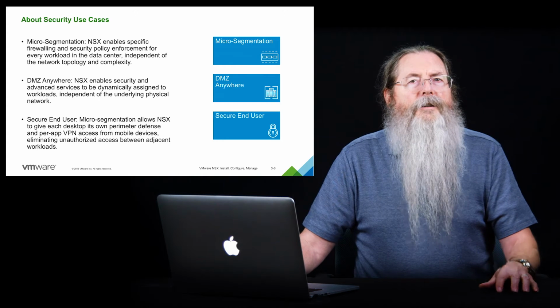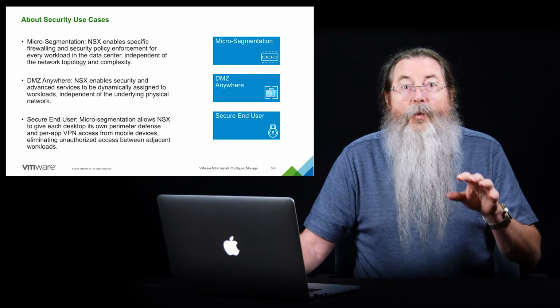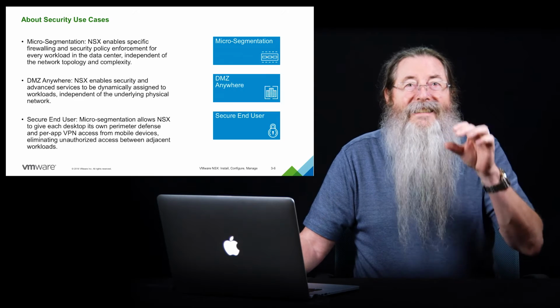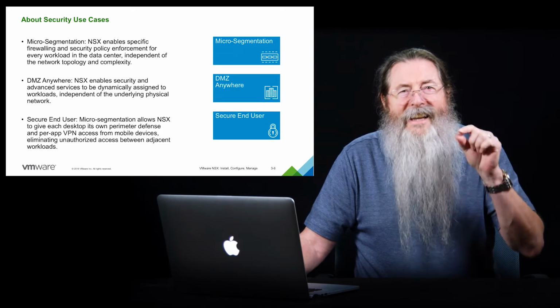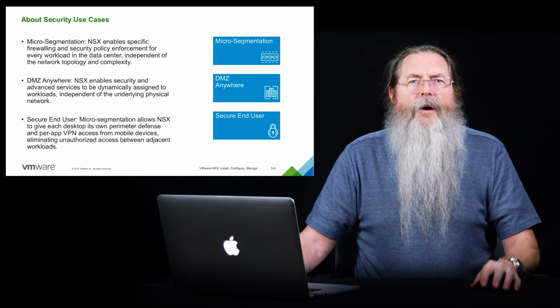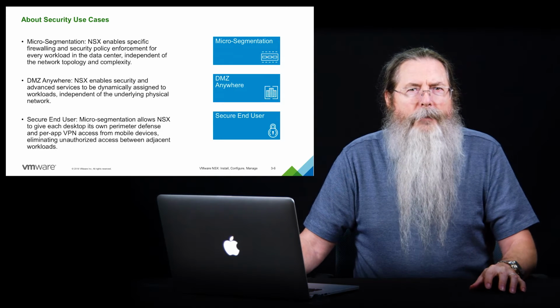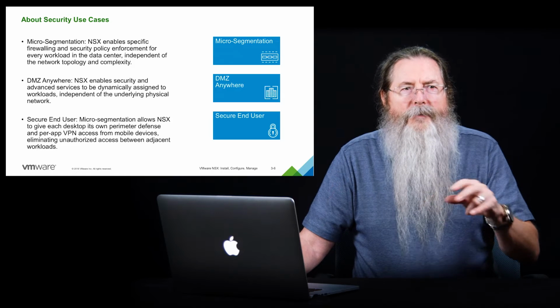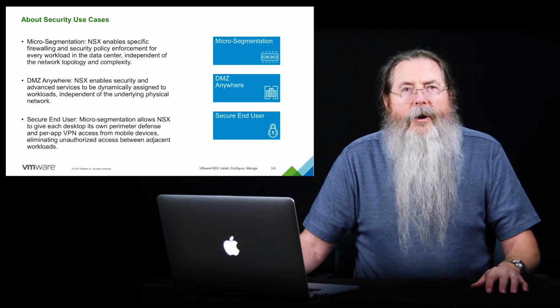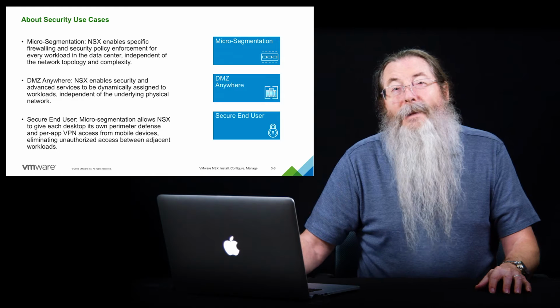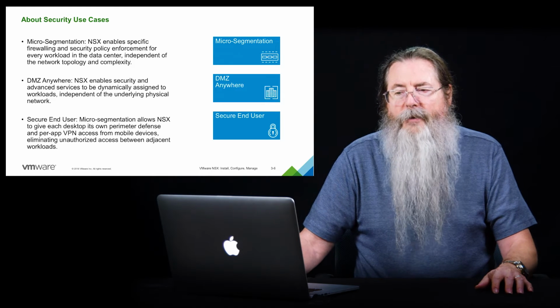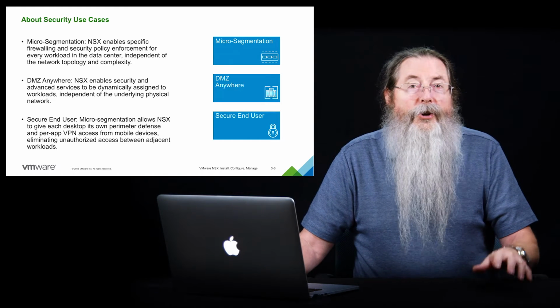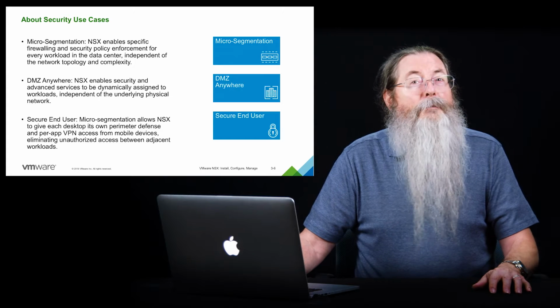Micro-segmentation with our distributed firewall in NSX will allow us to segment each virtual machine at each vNIC with firewall rules that can be put into place, not allowing any cross-tier communication that isn't explicitly allowed. That's what micro-segmentation brings.